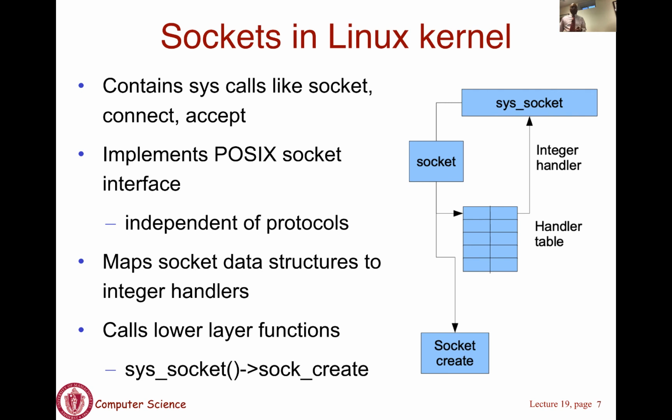You will see that the main call within Unix is called syssocket, which is the implementation of socket, and essentially you have a handler table which tracks all the open sockets, and once you decide which endpoint this is for, you call the right handler. And there are lower level functions supported here, such as socket create, socket delete, and so on. Okay? So that's the socket layer within the Linux kernel.